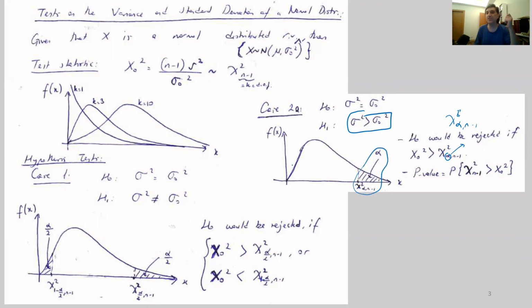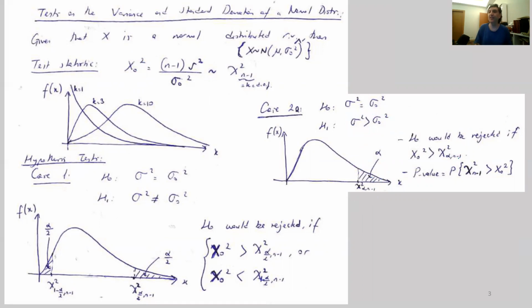We don't care about small sample variance values, but if the sample variance is so high that it makes this chi-square x0 square term higher than this critical value, then we would suggest that the alternative hypothesis holds.